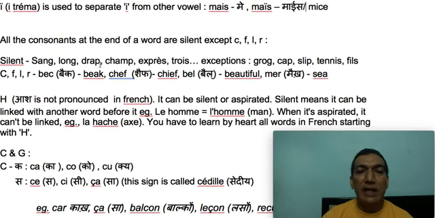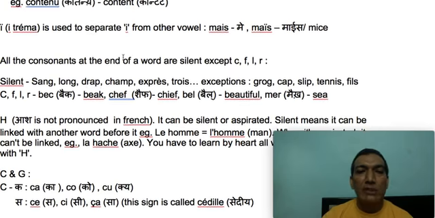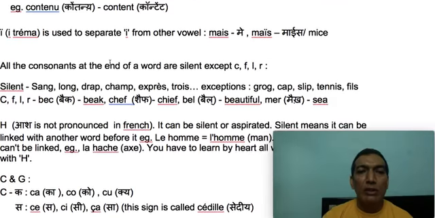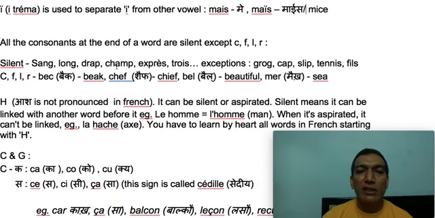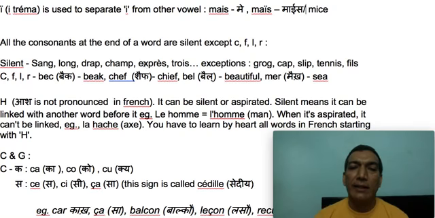Dra, P is silent. Champ, we have just seen this word just above. Champ, which means field. So champ, P is silent. Exprès, okay. Exprès, S is silent. Trois, O-I together. So T-R-O-I, trois. S is silent.